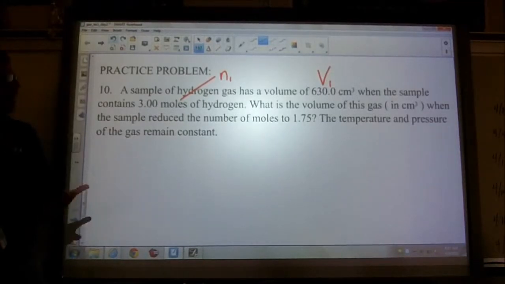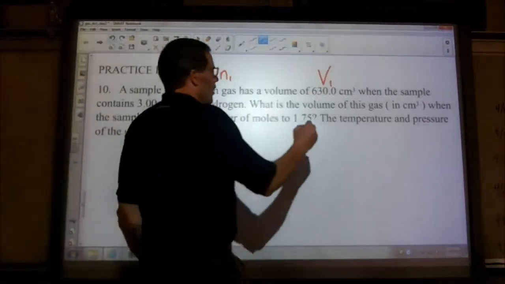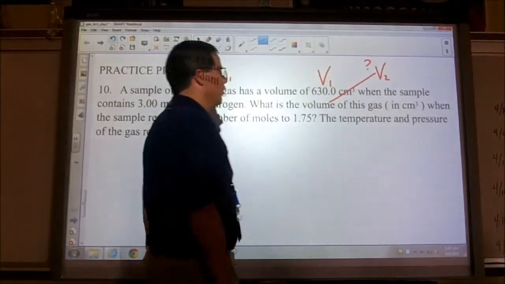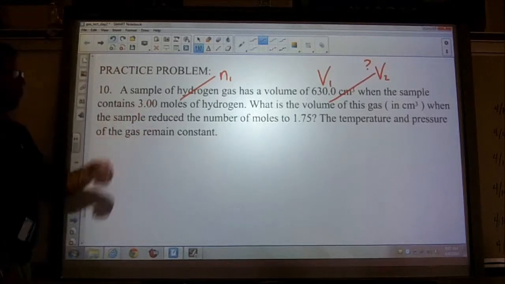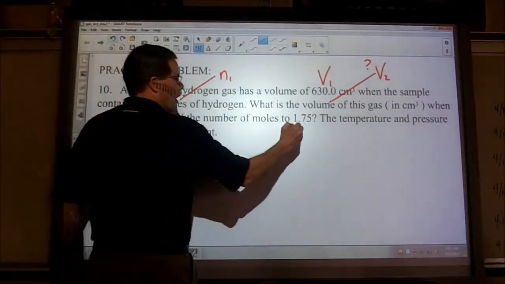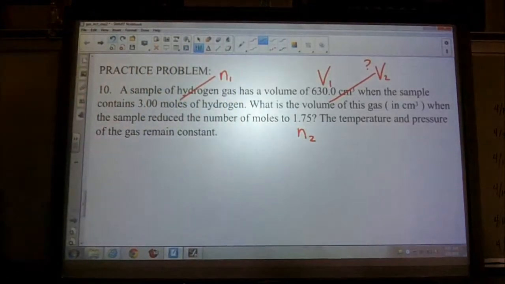N, for whatever reason, they use N as the number of moles. I didn't make up the rules, sorry. So it asks, what is the volume? What is V2 in centimeters cubed? So we don't have to change that. When the sample is reduced to 1.75 moles, and the temperature and the pressure don't change.